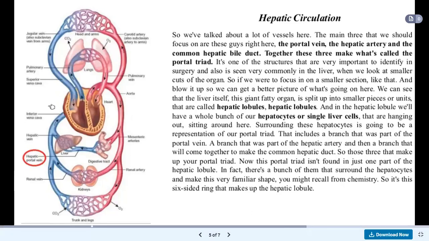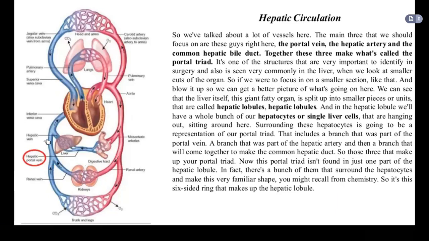This diagram is just showing systemic circulation that we already explained. Here you have your liver, here you have your intestines, this is the kidney, and blood coming from the kidney, from your trunk and your legs, all come to join the inferior vena cava.